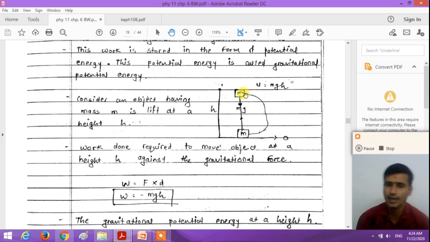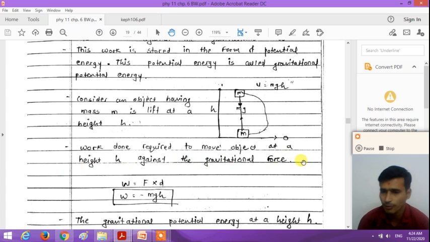We can take any path, and in all the paths the work done remains the same, which we will see later. So the work done to lift the object to a height h does not depend on the path, when moving it against the gravitational force.